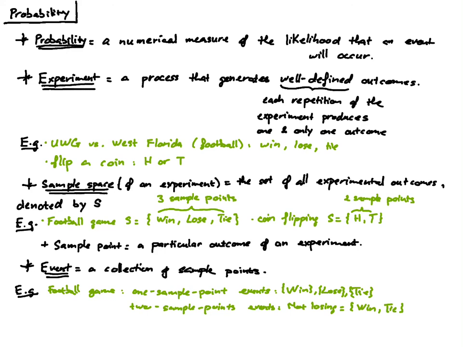And so that leads us to the final definition that we want to know, which is that the probability of an event is equal to the sum of the probabilities of the sample points in the event.